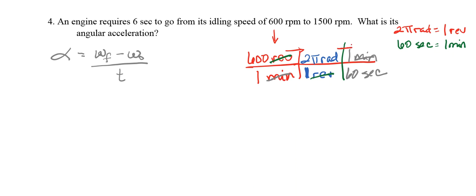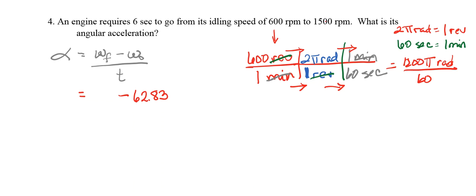Now I just multiply straight across. 600 times 2 pi would be 1200 pi radians. 1 times 60 would be 60. 1200 times pi divided by 60 is approximately 62.83. The 600 is where I started, so that's my beginning amount.